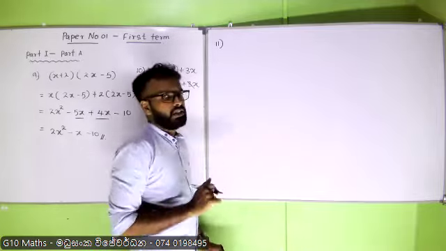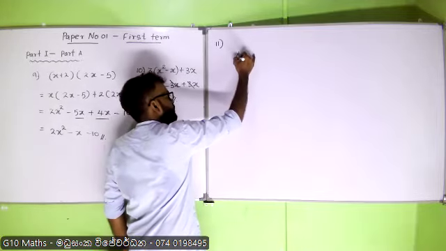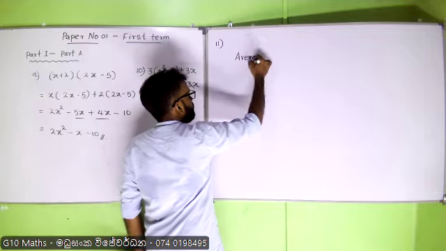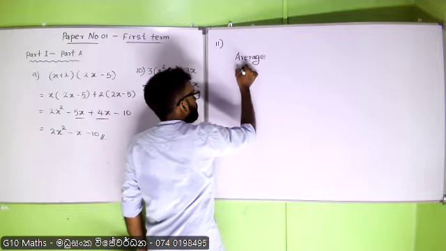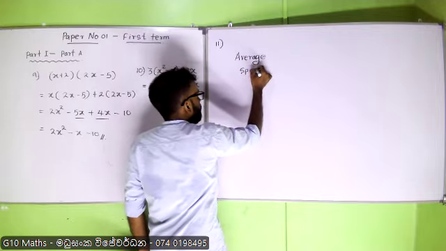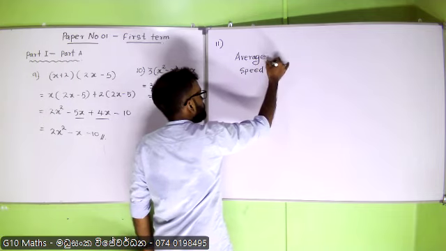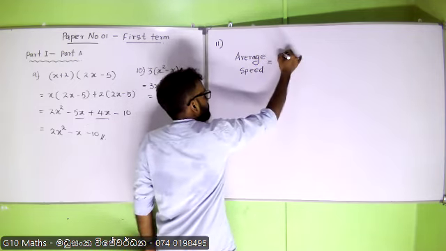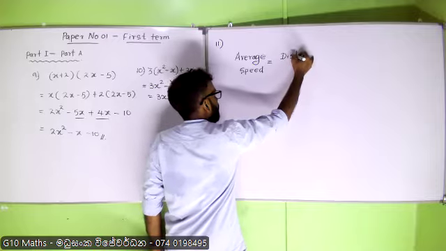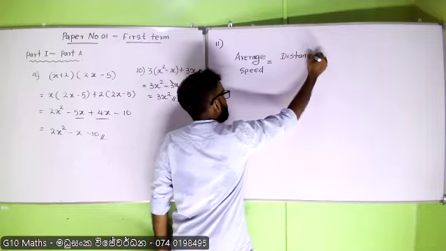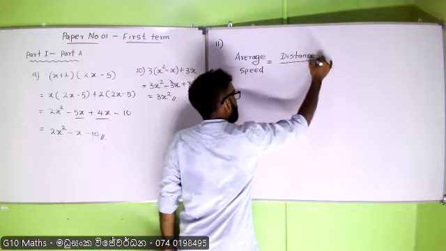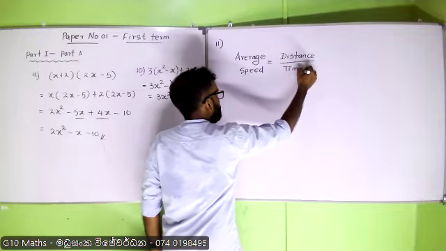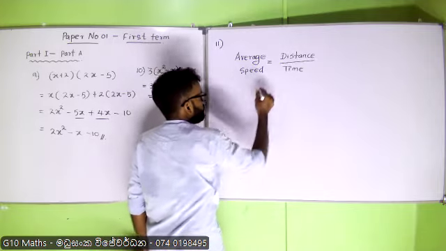Normally, you can find the average speed by using this equation, right? Distance divided by time.